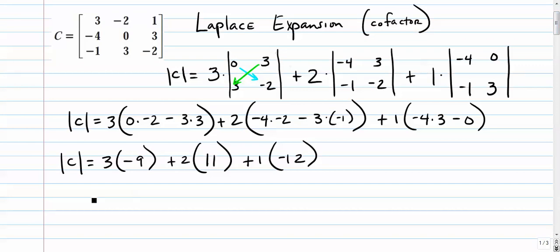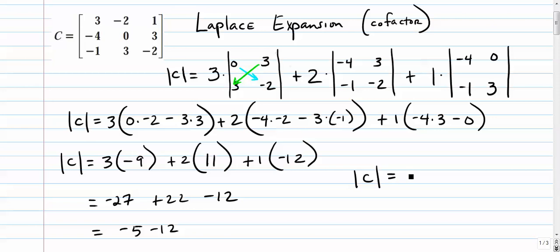Okay, so we have negative 27 plus 22 minus 12. So it's negative 5 minus 12. So the determinant of matrix C, a 3 by 3 matrix, is negative 17. And that is your answer. So that was method 1, called the Laplace expansion, cofactor expansion.